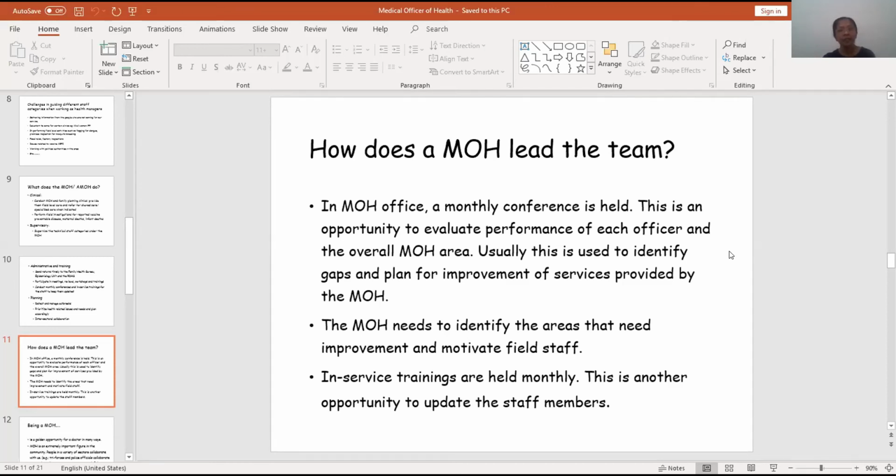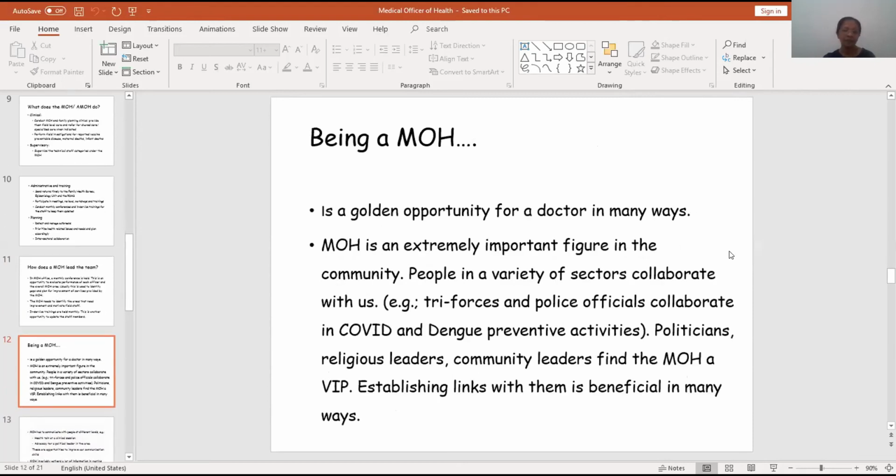If you take the immunization handbook, at least read one section with your staff and discuss it. It will be good to update the knowledge of your staff. So always try to be there at in-service training and monthly conference.